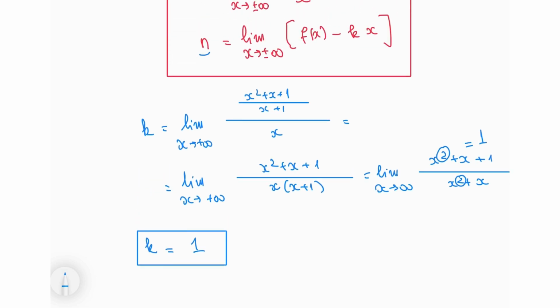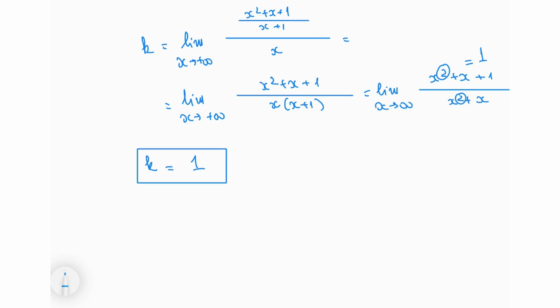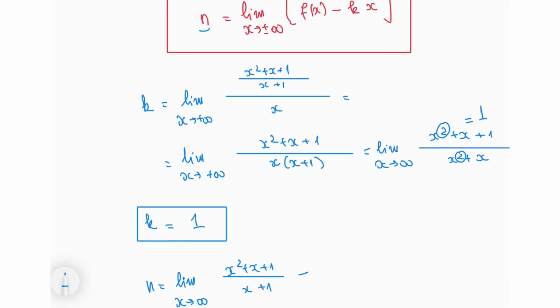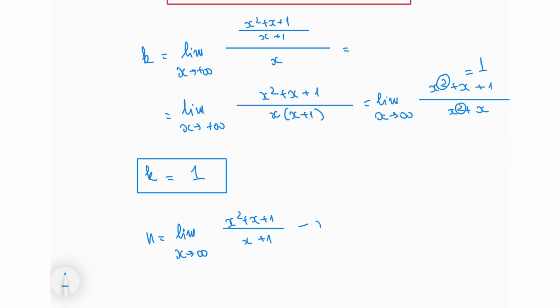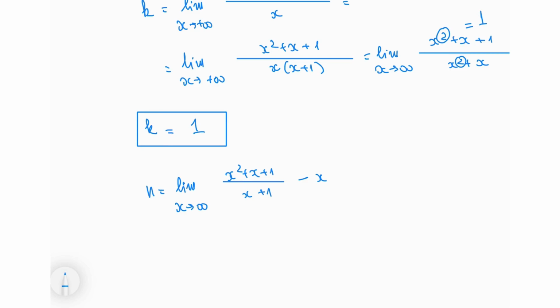And now we need to find n. So n is the limit when x approaches plus infinity of f of x, which is x squared plus x plus 1 over x plus 1, minus k times x. k is 1, so just x. We will bring this to the same denominator: x squared plus x plus 1 minus x times x plus 1, over x plus 1.